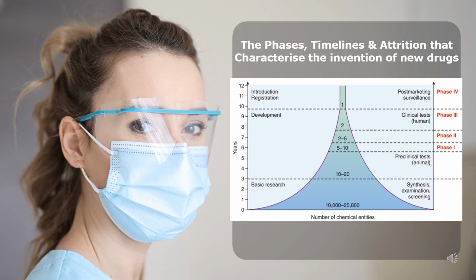Phases 1 to 3 are designed to establish safety and efficacy, while phase 4 includes the post-marketing trials, which delineate additional information regarding new indications, the risks, and optimal doses and schedules.